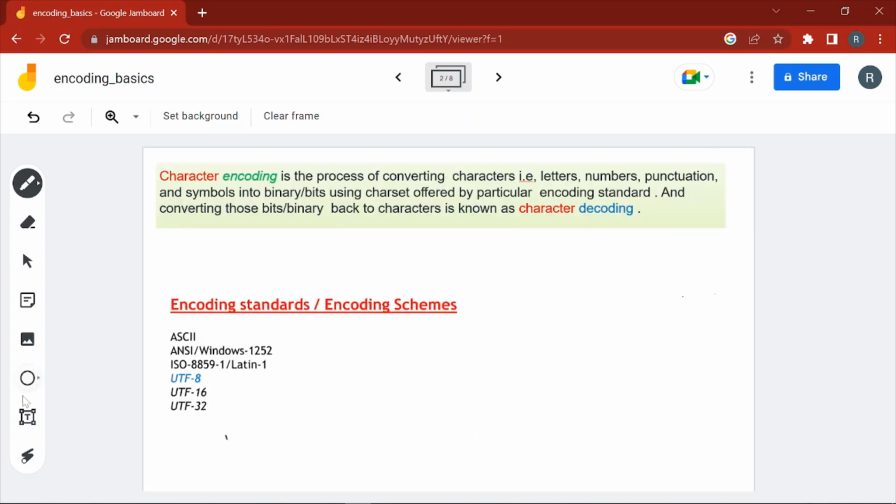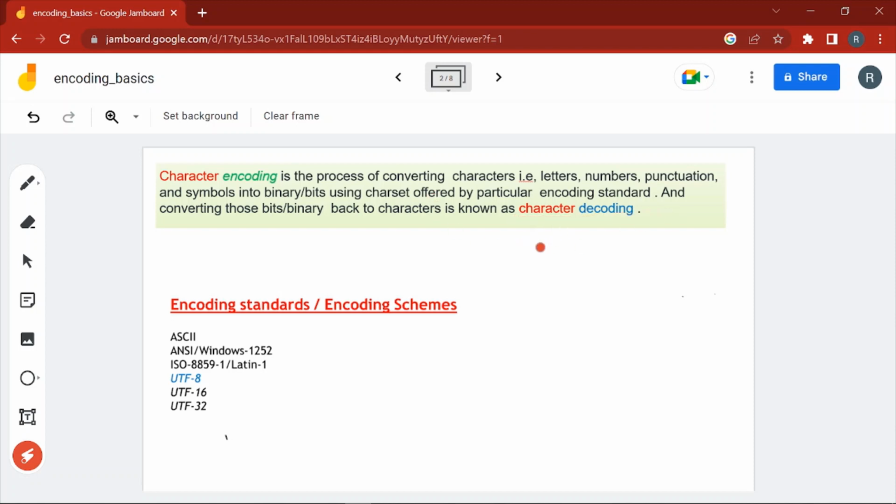So what is character encoding? Character encoding is the process of converting characters, that is letters, numbers, and punctuation symbols, into bits using a particular character set or charset offered by a particular encoding standard, and converting those bits back to characters is known as character decoding.